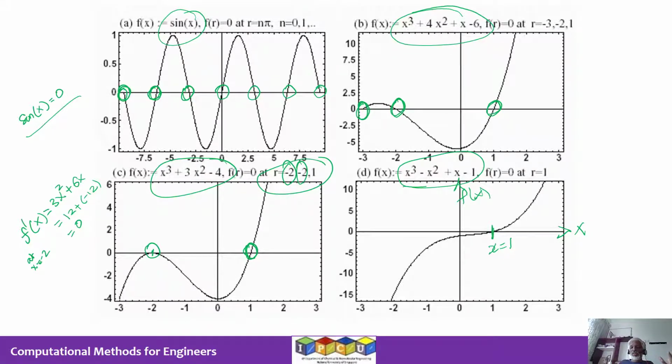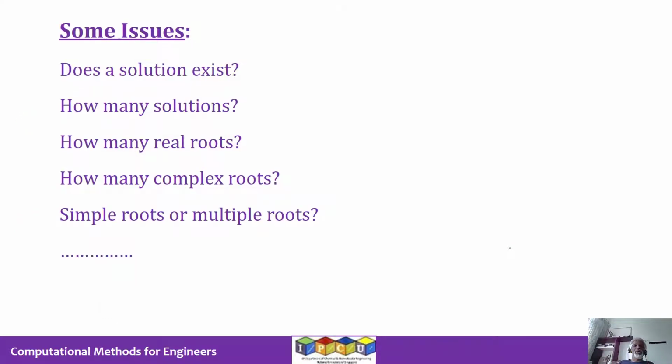So this is the interesting stuff about nonlinear algebraic equations, and we see this behavior with simple single nonlinear algebraic equations. The issues before us are, first of all, does a solution exist? We do not know. How many solutions, right? Whether it has infinitely many solutions, or does it have 18 solutions or 3 solutions, we would not know.